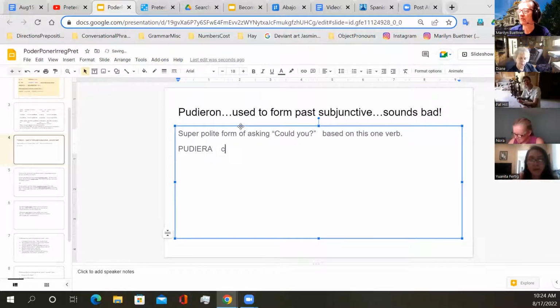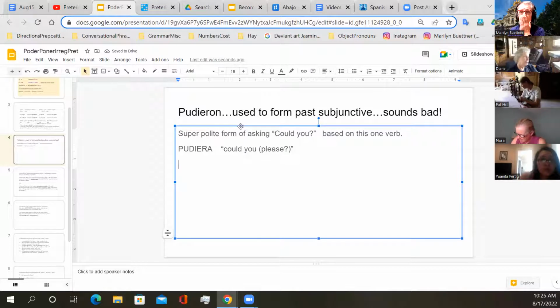And pudiera means could you please? The please is like baked into that verb. You probably wouldn't even need to say por favor or porfa. Well, you could if you really want to lay it on thick and really try to butter somebody up, I guess. But this is considered a super polite form to ask if somebody could do this.